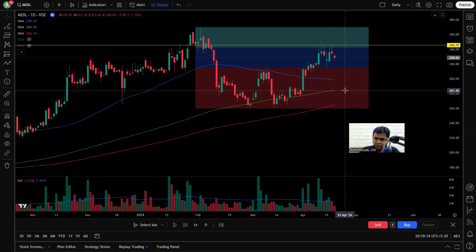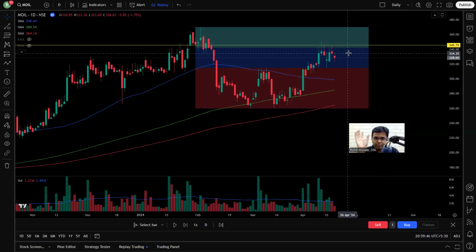Now, this is what I use as a guideline. If the yellow line is in the red zone, I am not taking the trade. Okay, because there is too much overhead supply. If the yellow line is in the blue zone, I need minimum 6 points in the base. Okay, because I want that price contraction, volume contraction to happen.